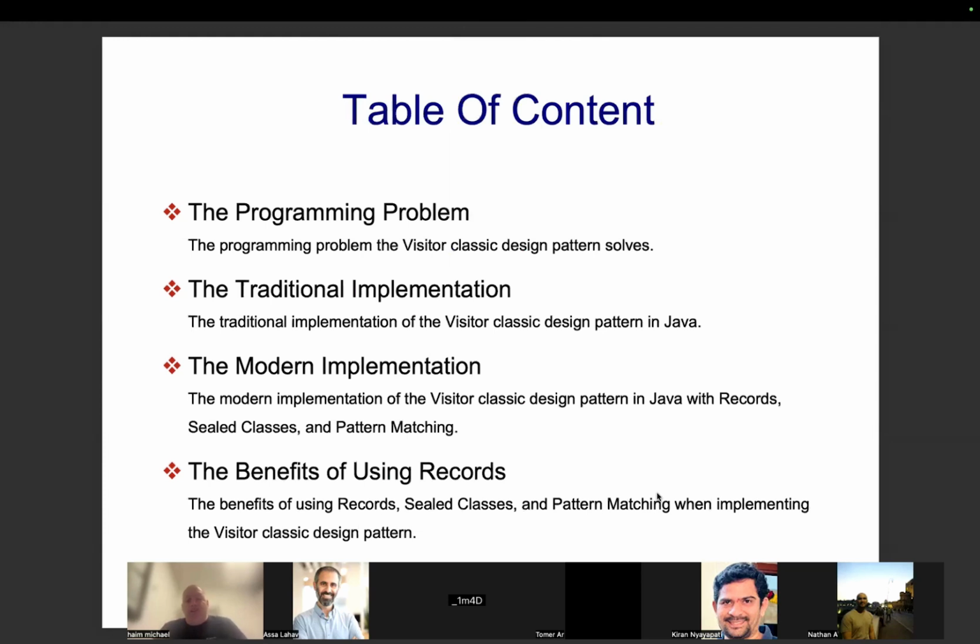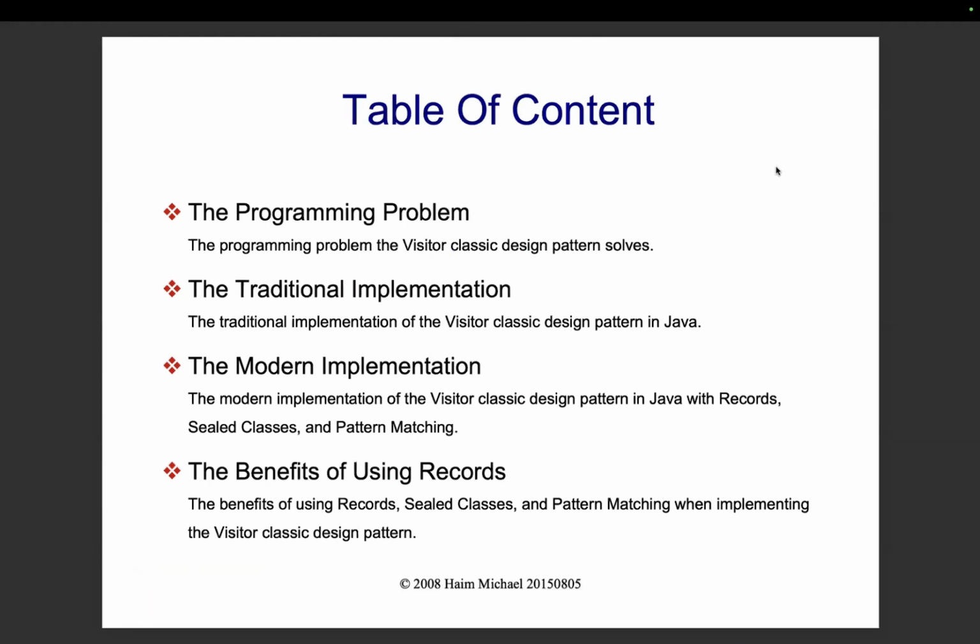So this is the plan for today. First, I want to introduce the programming problem for which the visitor classic design pattern was developed. After understanding the intent of this design pattern, we will go over the traditional implementation, the one you are probably familiar with if you are familiar with the Gang of Four book.